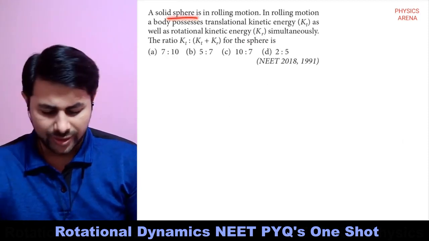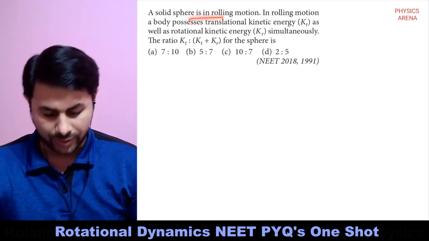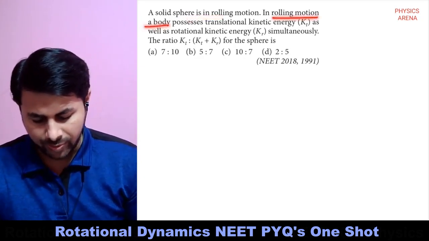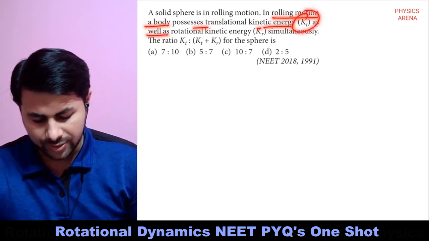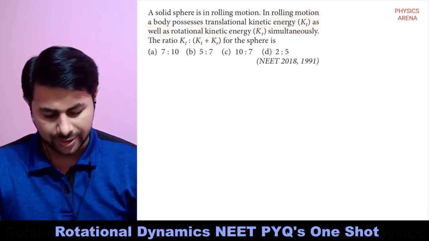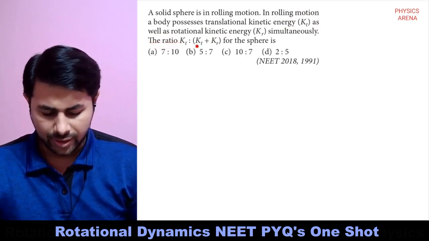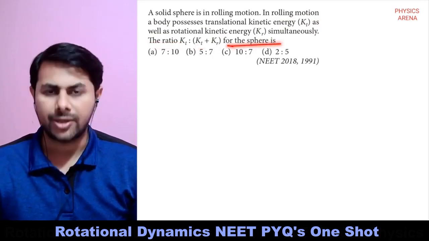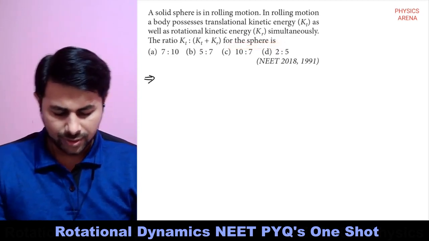A solid sphere is in rolling motion. In rolling motion, a body possesses translational kinetic energy kT as well as rotational kinetic energy kr simultaneously. The ratio of kT divided by kT plus kr for the sphere is. So again, this is also simple. Okay.